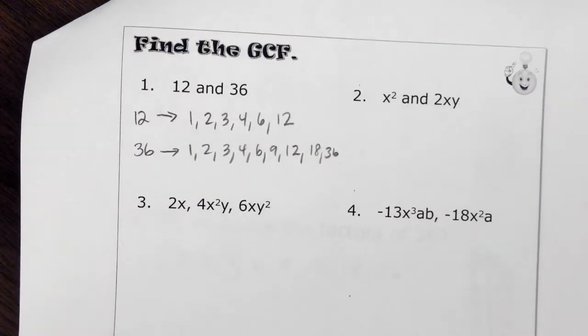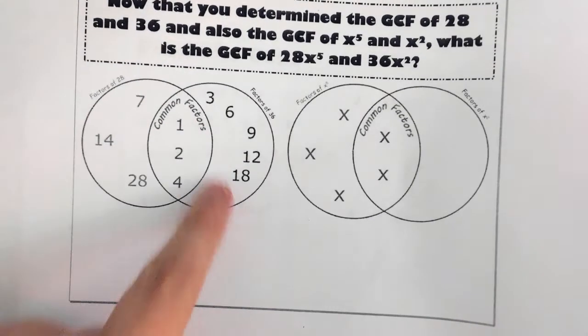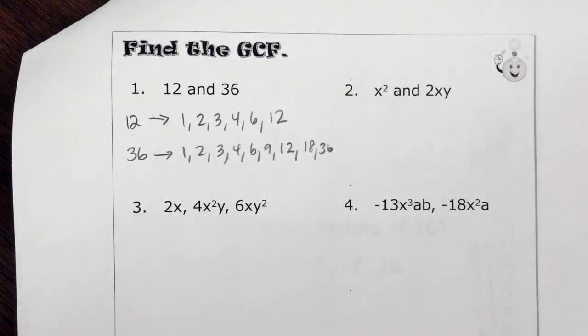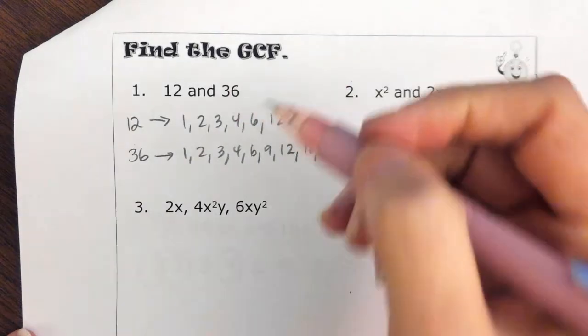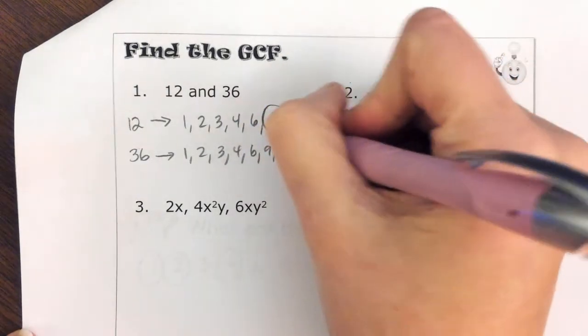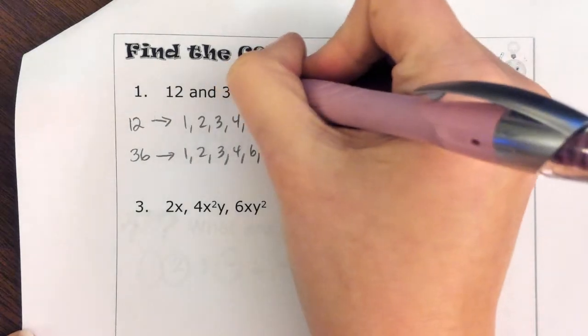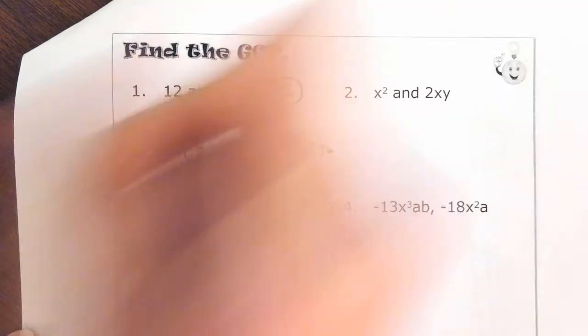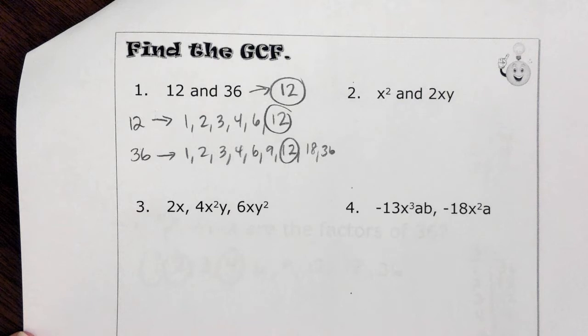And I only know that because we totally just did 36. It's right here. Otherwise I don't think I pulled that out of my head. So I'm going to look for the biggest number they have in common, and it's right there, 12. So the GCF is 12. That's the greatest factor they have in common.